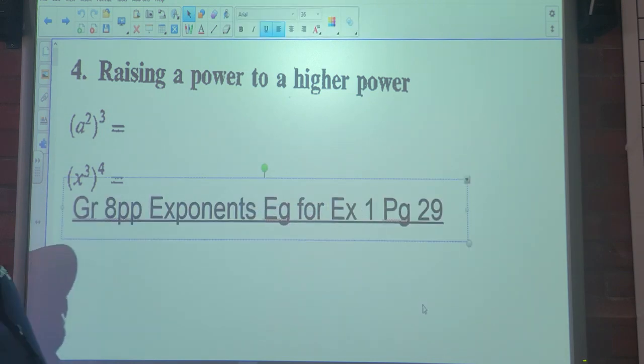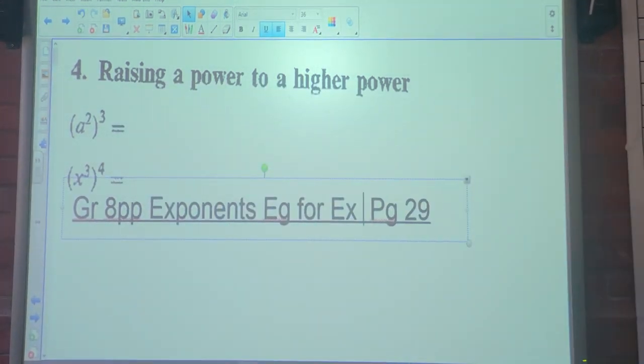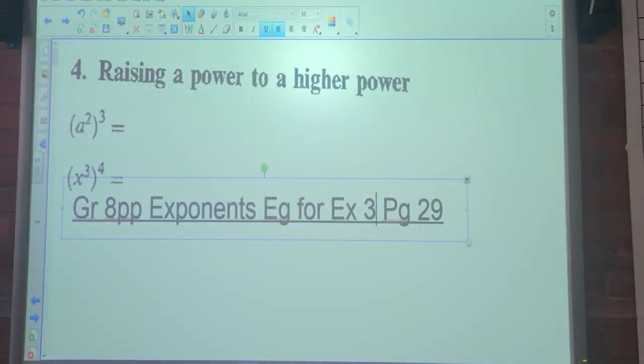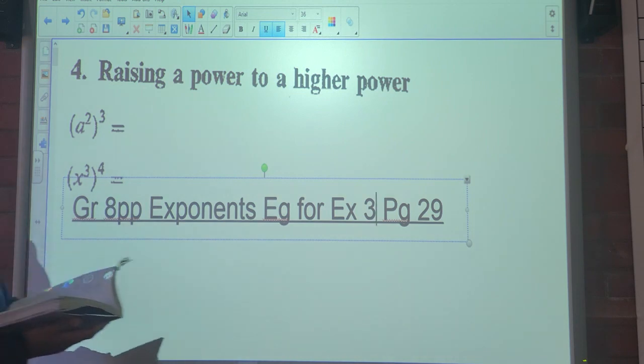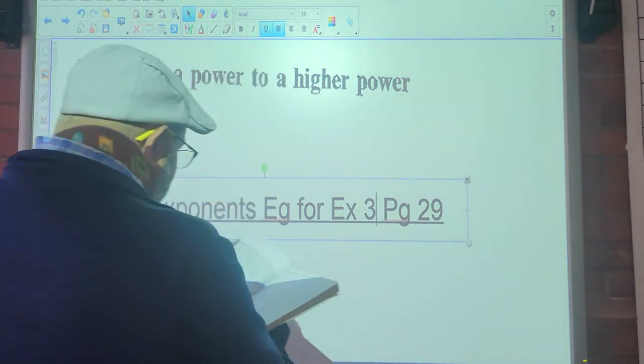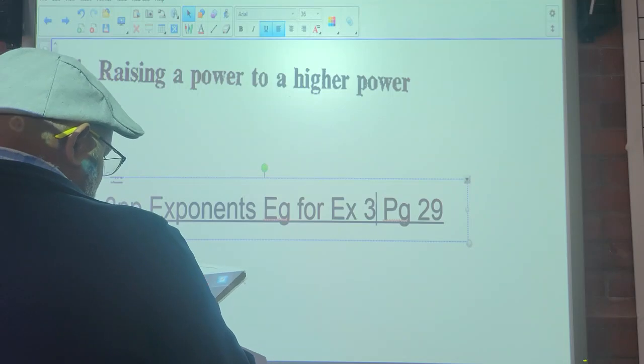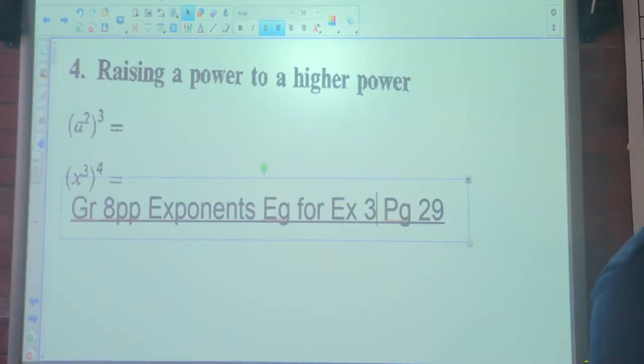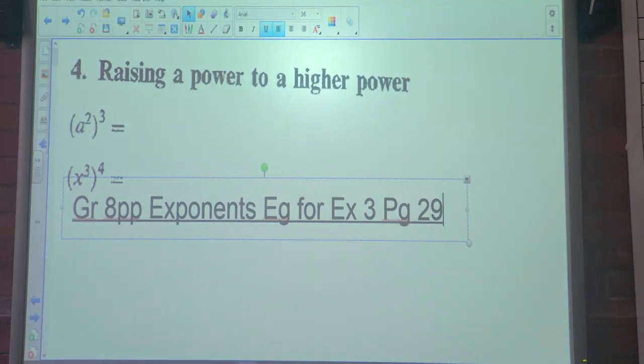Exercise 3 is on page 33. However, the examples are on page 32.